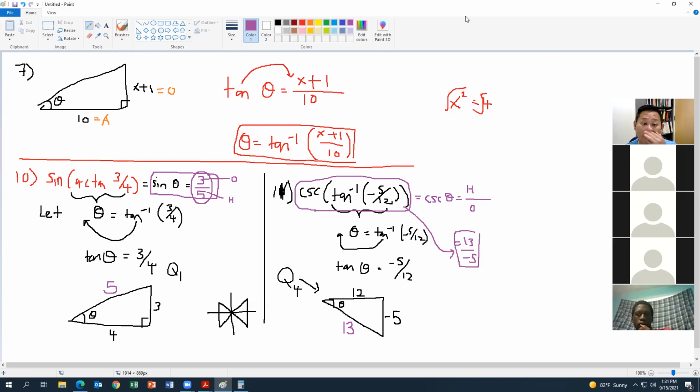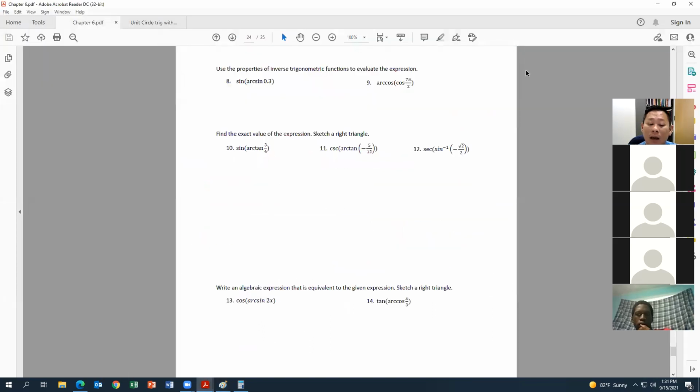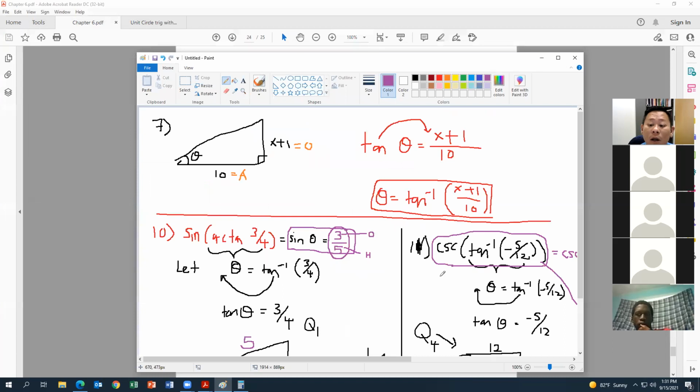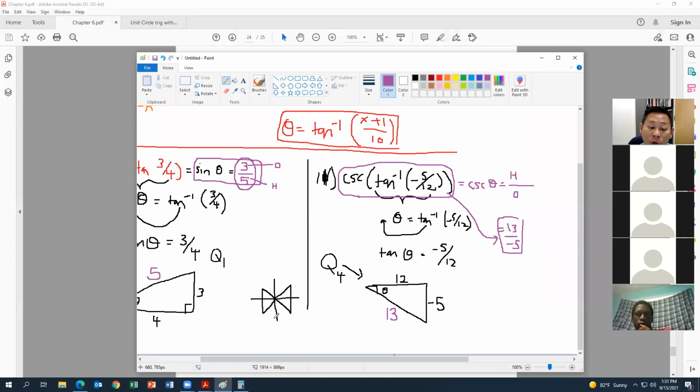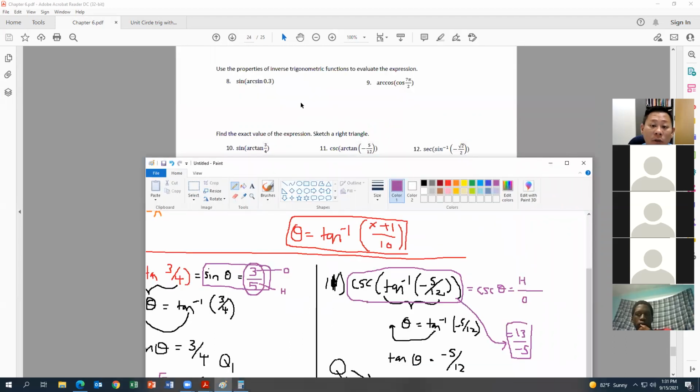So for questions 10, 11, and 12, make sure you do this kind of work that I'm showing you here. Also make sure you know what kind of triangles you draw. If you draw the wrong triangles, then your negative will be in the wrong direction. So make sure you know where you put your negative. Once you come back on Monday, we will talk about 8 and 9.